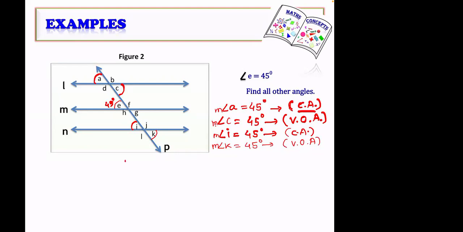Yes, what you answered is right. Measure of angle H is equal to 135 degrees.